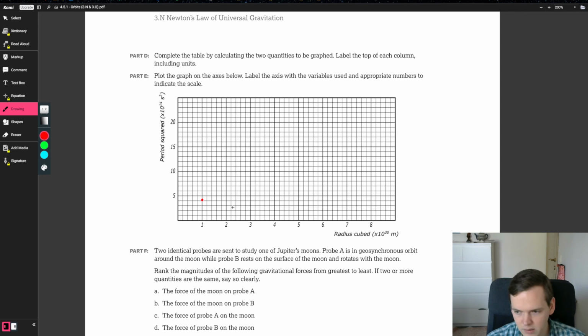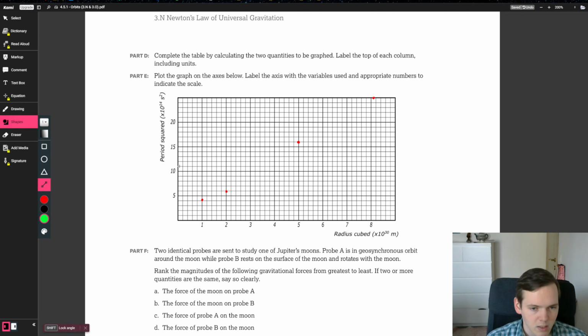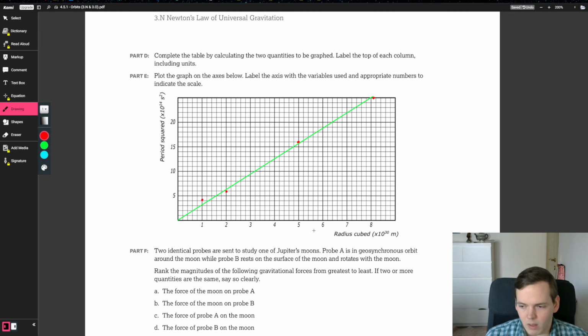So we got something like this, something like this, something like this, and something like that. Roughly speaking, that is what you should end up with. And then if I insert a line here, we know it should go through 0. It should go probably about like that. Then the labels will be radius cubed and period squared.